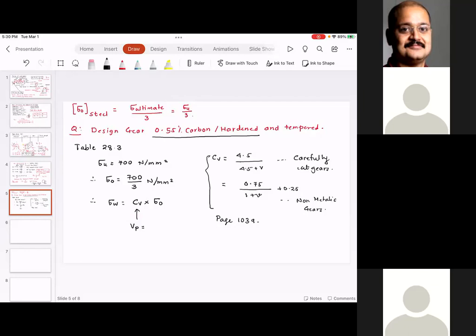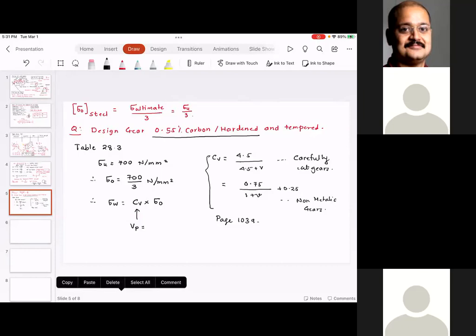Now, what I want to tell you is, as we talked about, the gear loading is not a static loading. So gear loading is a dynamic loading. Now, when we are trying to design the gear, what is the process? What is the process in designing the gear?